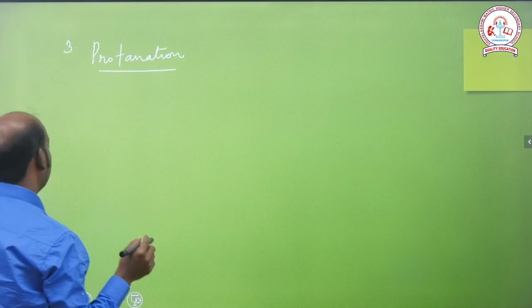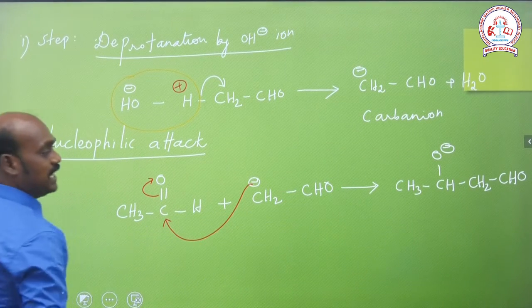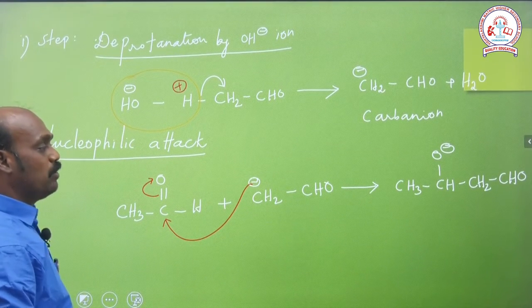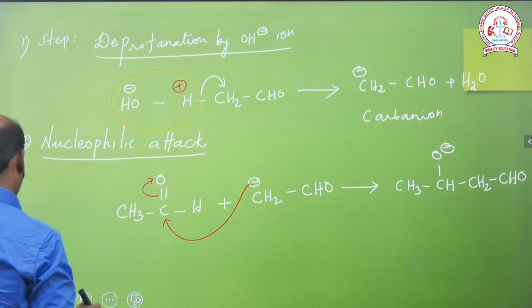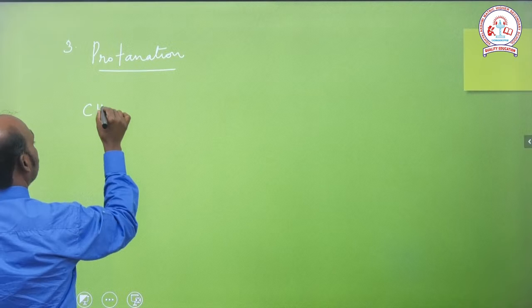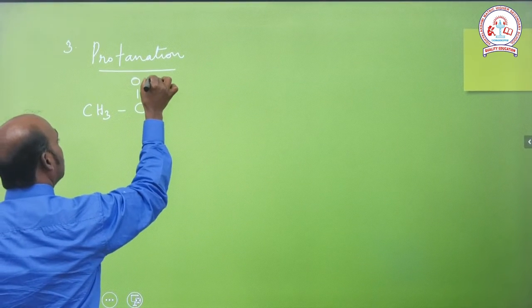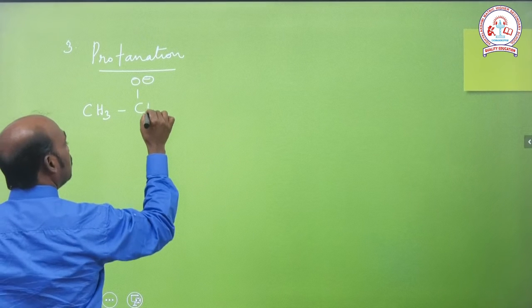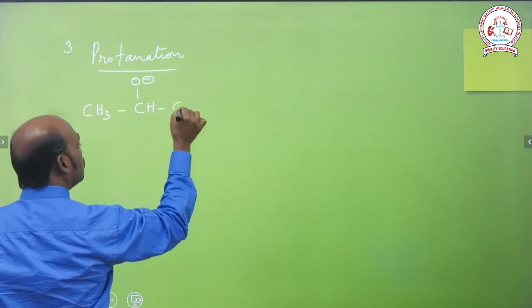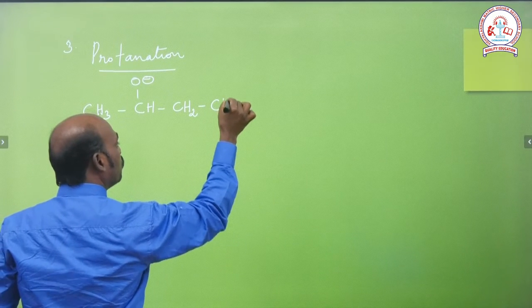So, we can take that intermediate. What is the intermediate? CH3 CHO minus CH2 CHO. CH3 CO minus here H, then CH2 CHO.